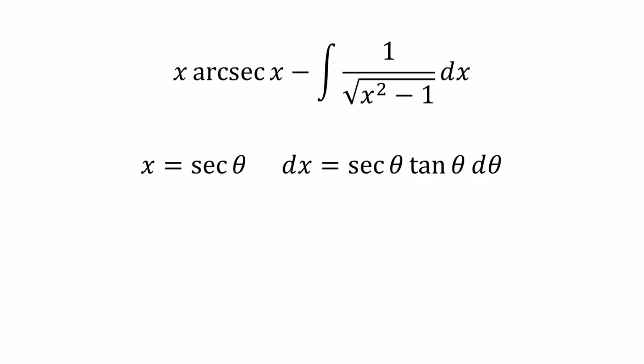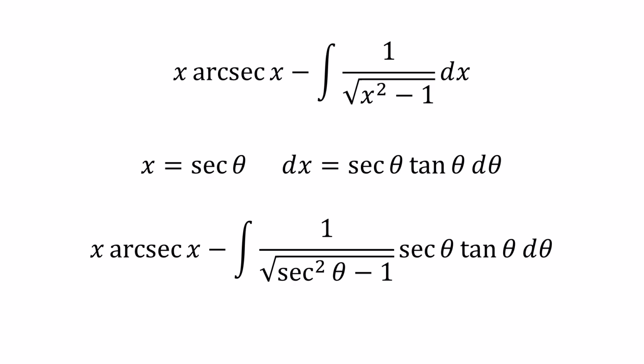Substituting into the integral gives x arc secant of x minus the integral of 1 over root secant squared of theta minus 1 times secant of theta tangent of theta d theta.